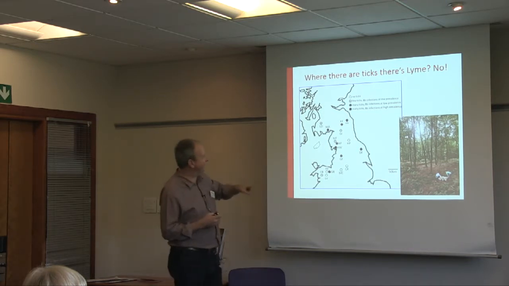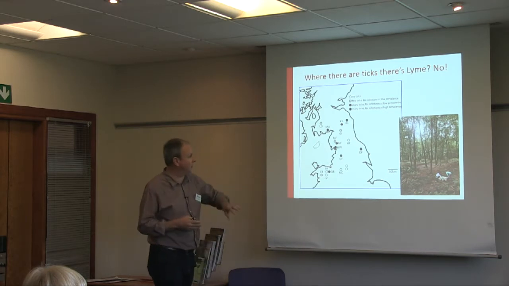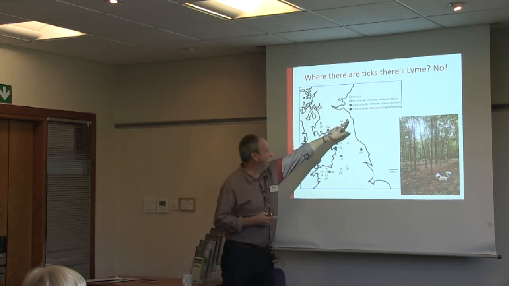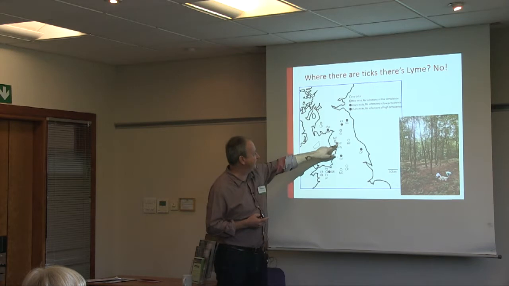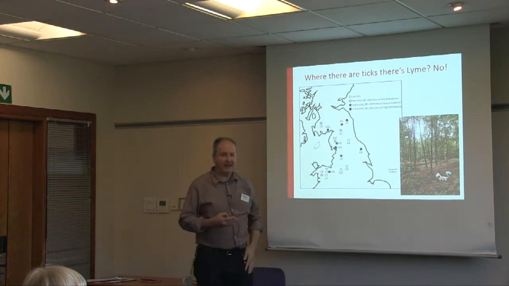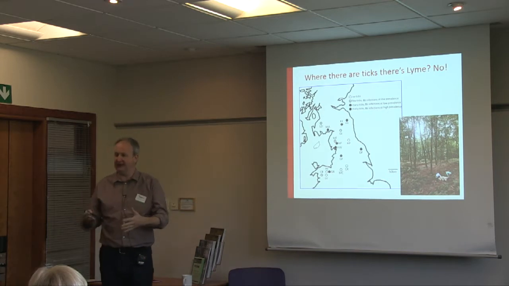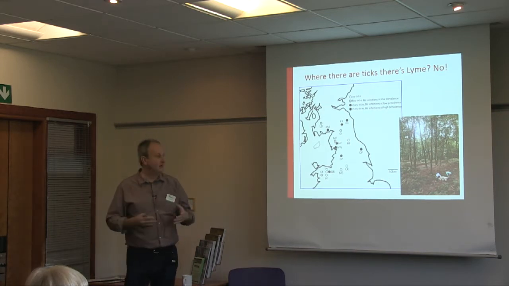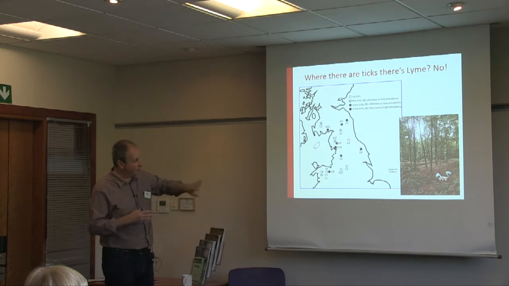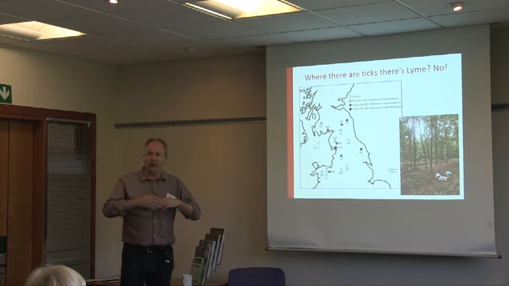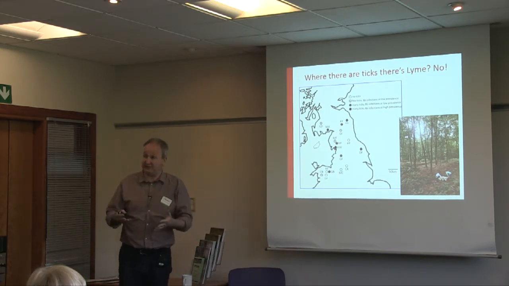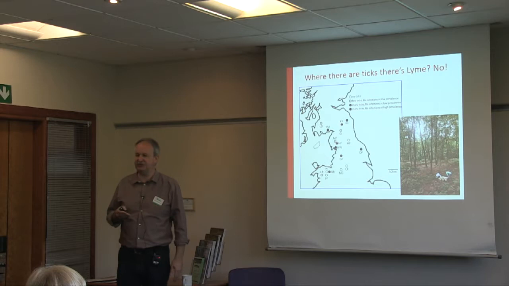But similarly, we found places in dark grey, unfortunately, but in Kielder, for example, in the Forest of Bowland here, where there were lots of ticks, but there was almost no Lyme disease, or there was no Borrelia in those ticks. So it seems that across the UK, there are plenty of places where there are ticks, but there doesn't appear to be any or much Borrelia being carried by those tick populations.